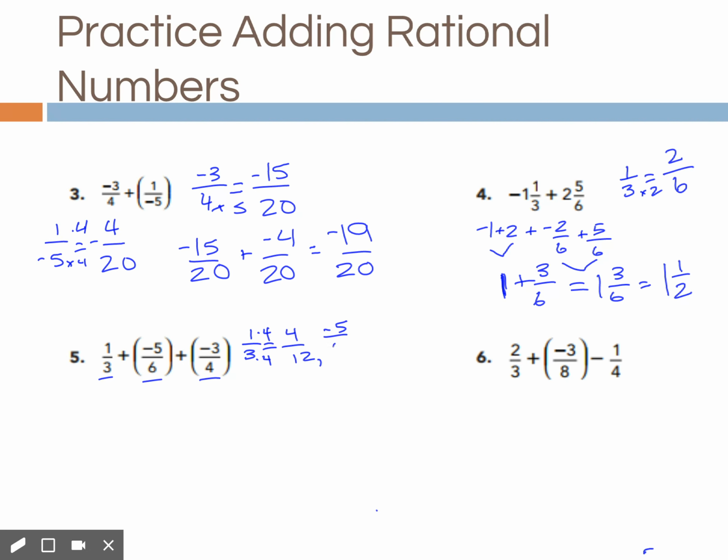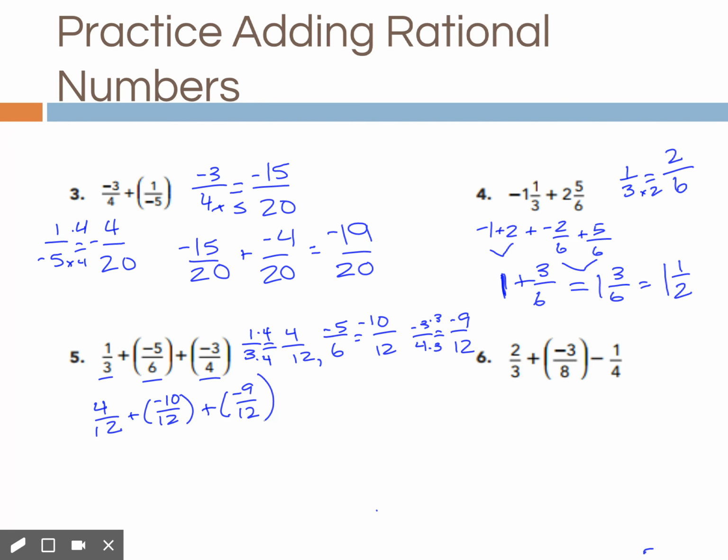Negative 5/6 will equal negative 10/12. And then negative 3/4 will equal negative 9/12. Now we have a new problem. 4/12 plus a negative 10/12 plus a negative 9/12.